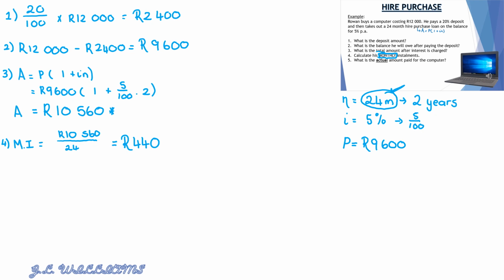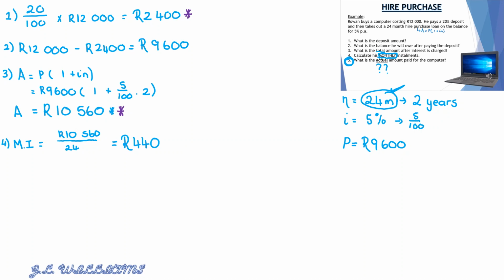The final question, right? And it might seem tricky, but it's very simple. What is the actual amount paid for the computer? So we need to think, where did Rowan pay for this computer? He initially paid this 2,400 Rand, right? And then he eventually pays the 10,560 Rand, okay? Because that is the amount with interest.